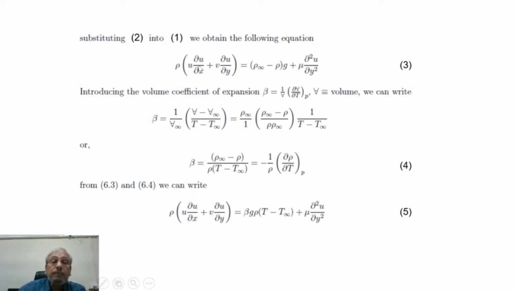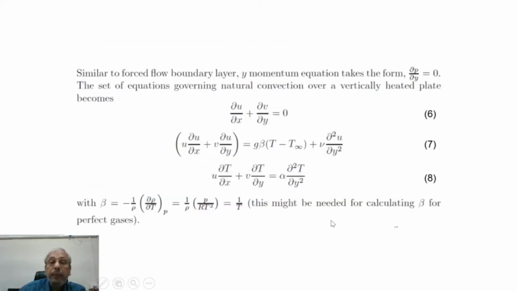So rho (u ∂u/∂x + v ∂u/∂y) equal to, rho minus rho infinity is basically beta into rho into (T minus T infinity), and g was there, so it becomes g beta rho (T minus T infinity) plus mu ∂²u/∂y². Similar to forced flow boundary layer, the y momentum equation takes the form ∂p/∂y equal to 0.